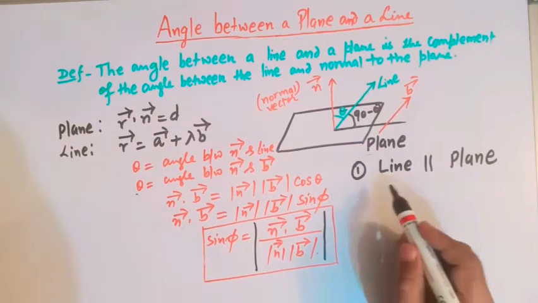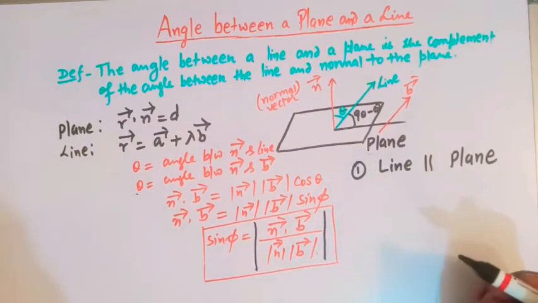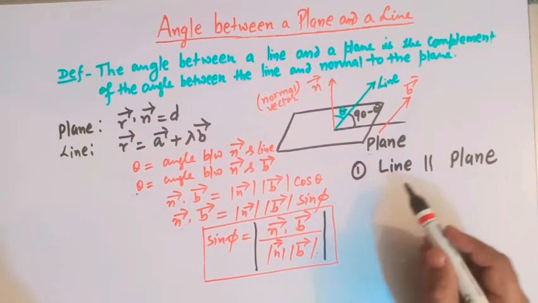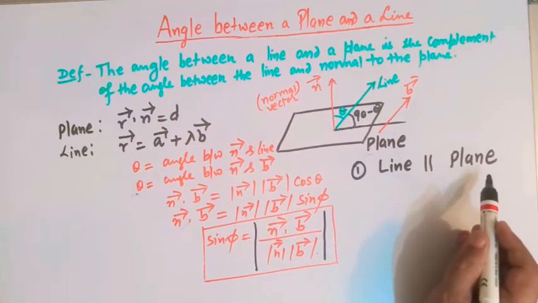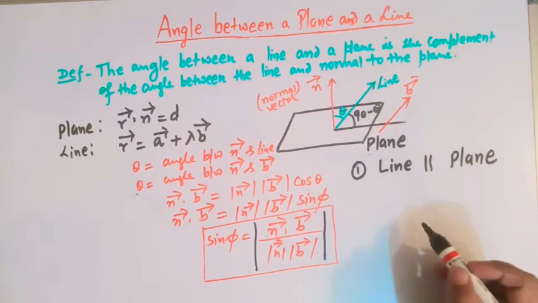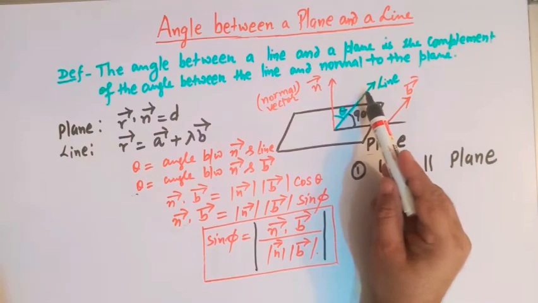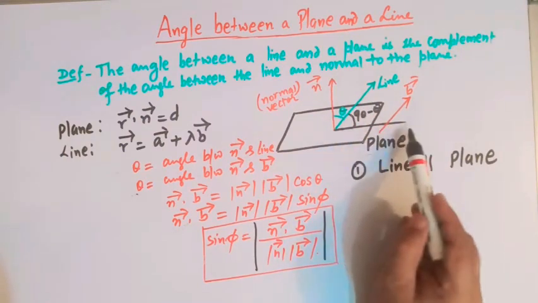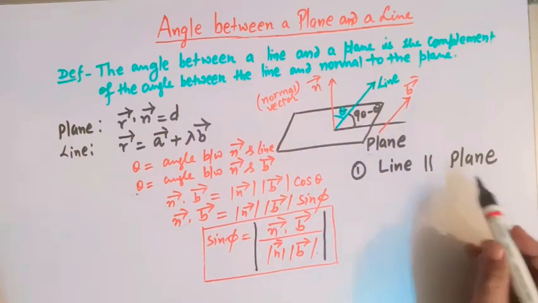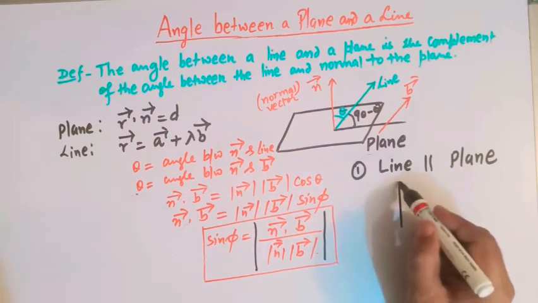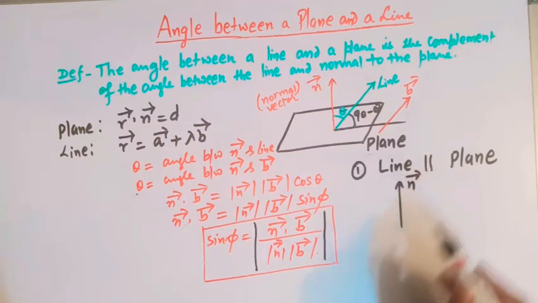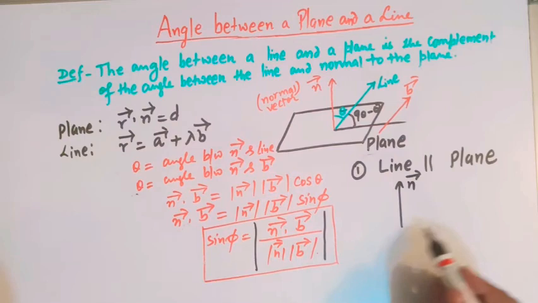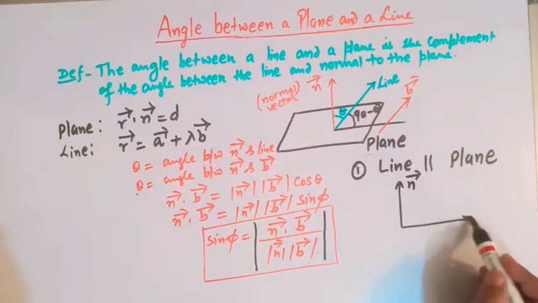Now viewers, let us consider two situations. The first one is if a line is parallel to a plane, then what will happen? If this line is parallel to the plane, then this normal vector will be perpendicular to the line.